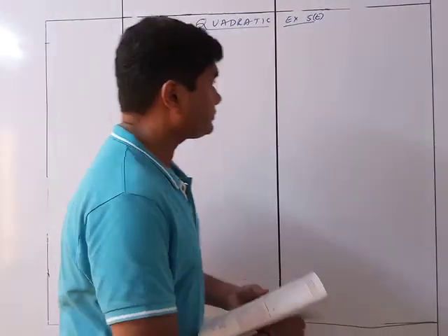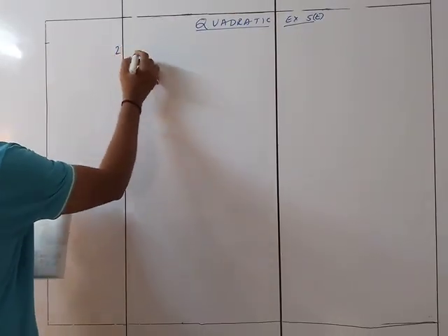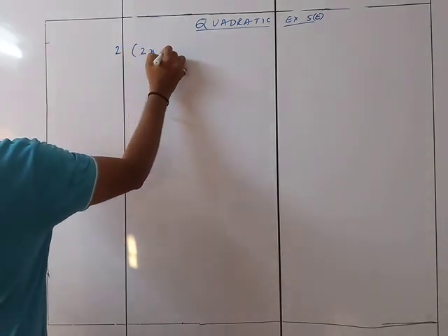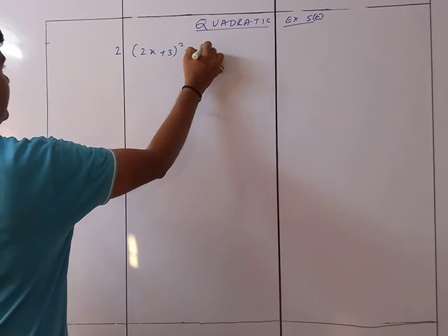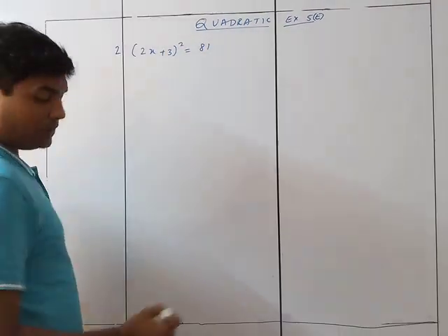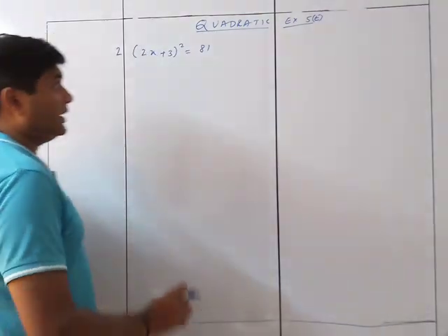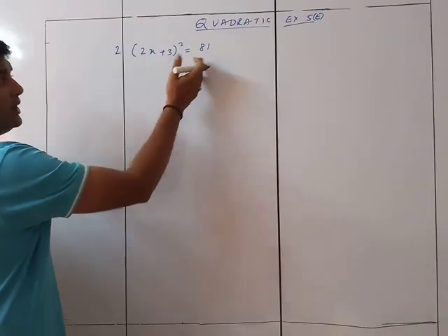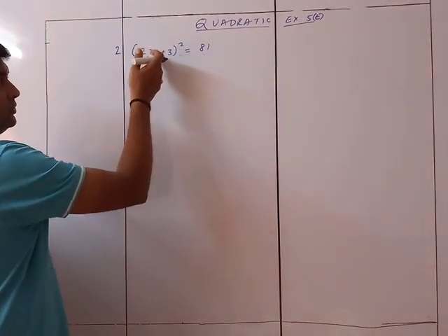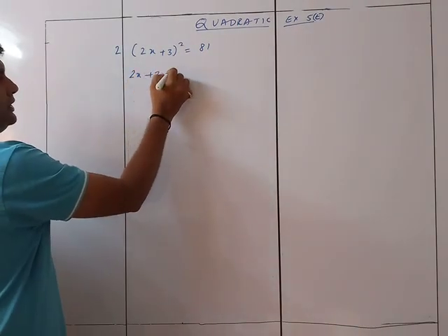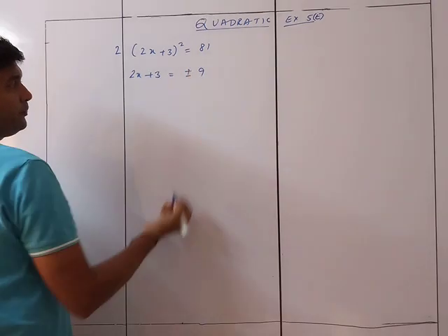So let's see. We take the second question, which is given as 2x plus 3 the whole square is equal to 81. Now in this case, you've got two choices. Either you can take the square root directly because this is a square number, which is much easier also. So it will be 2x plus 3 is equal to plus or minus 9.